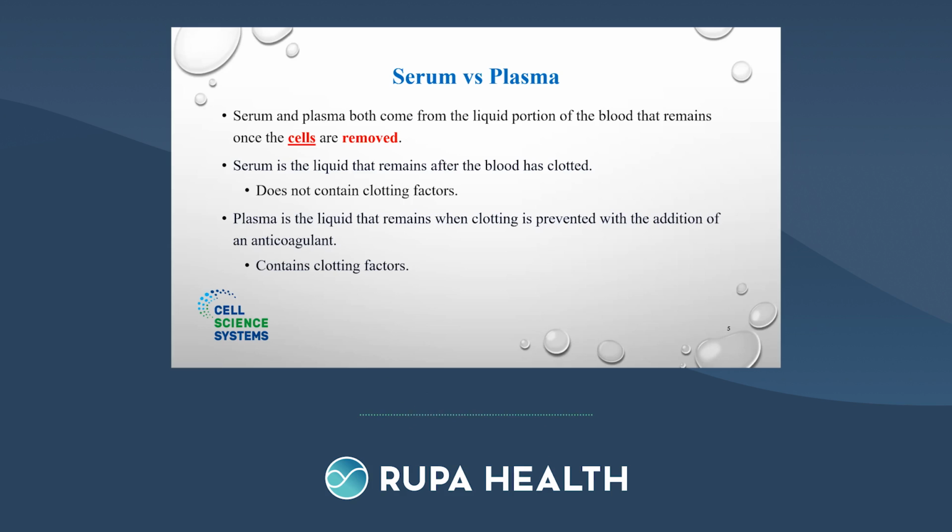But if you're doing serum or plasma testing, you can see that we extract those cells out of it, and we're just looking at the liquid portion of the blood that remains. So we're just seeing really what vitamin or mineral or some other component is in that liquid. We're not really seeing if it's getting in the cell that we want to address, whether it's the white blood cell or the red blood cell or other cells of the body.